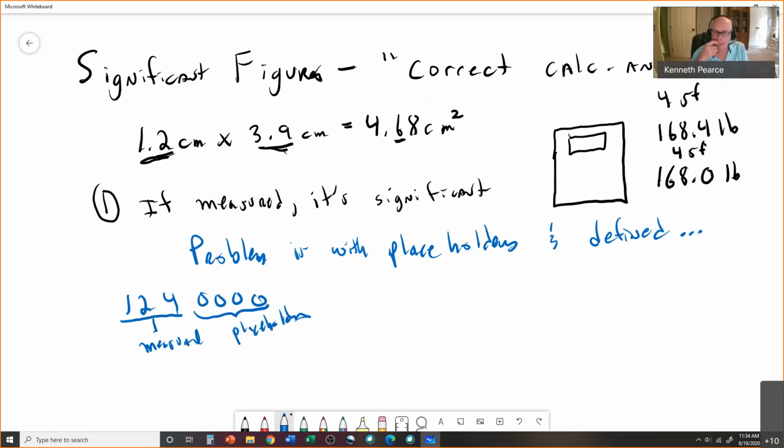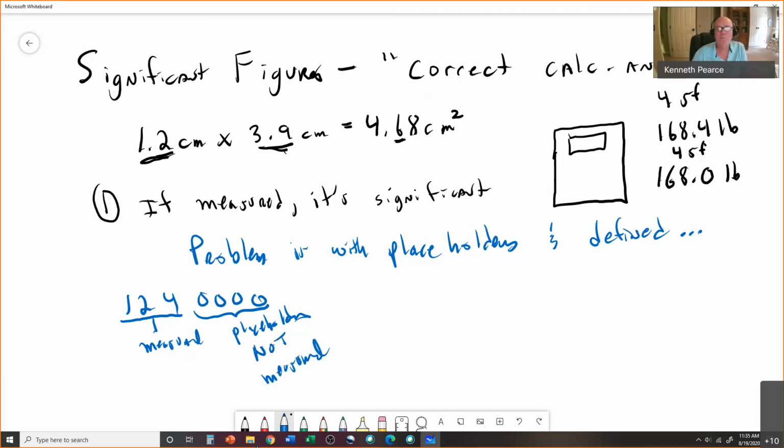Placeholders tell you how big or how small something is. Instruments can only measure so many digits of precision. If you pay lots of money for something, you can go out a little further, but there's not an infinite number of digits that you can measure with any measurement. So those are placeholders. I didn't measure the placeholders. They just tell you how big it is.